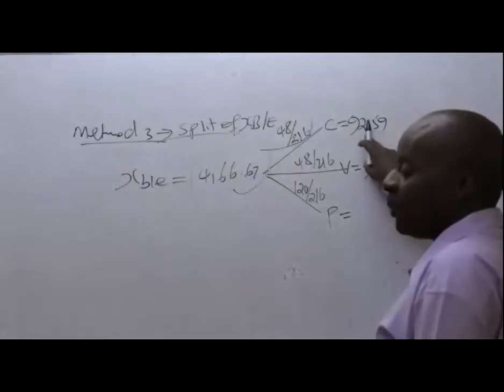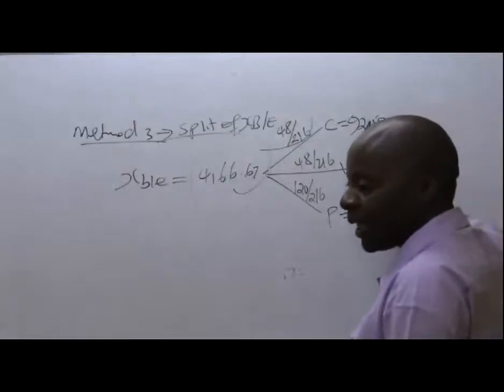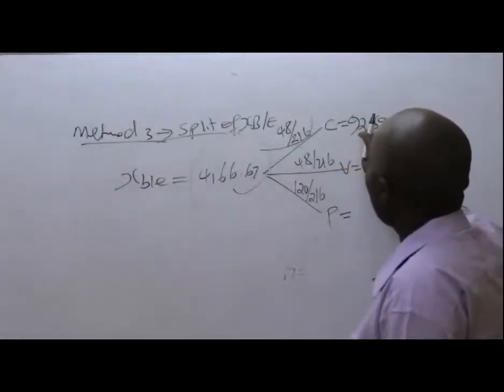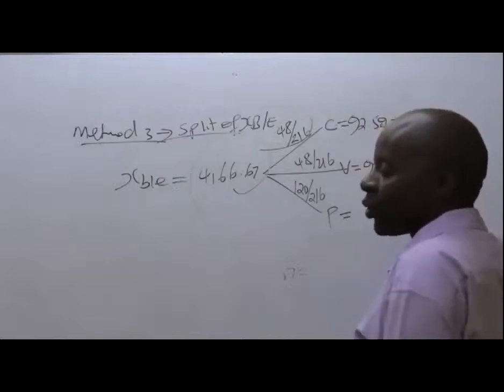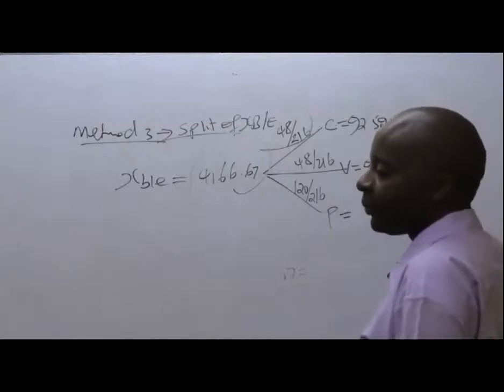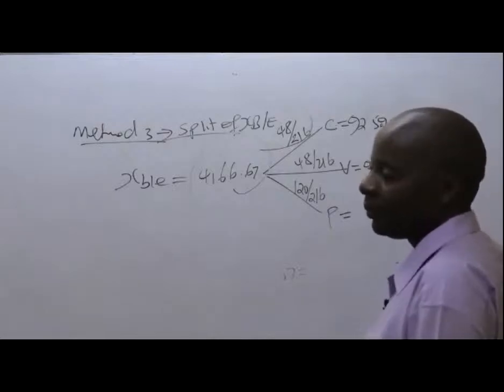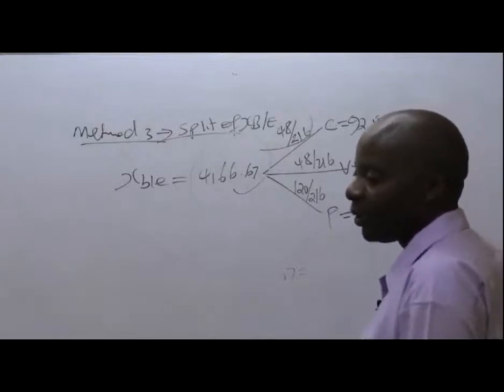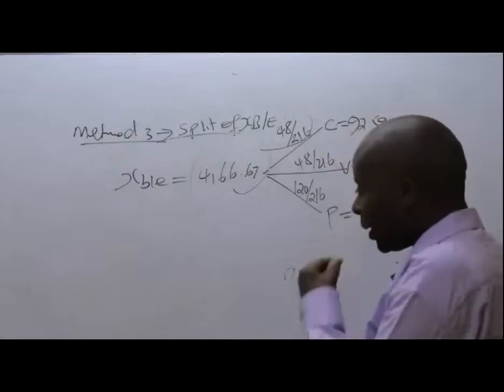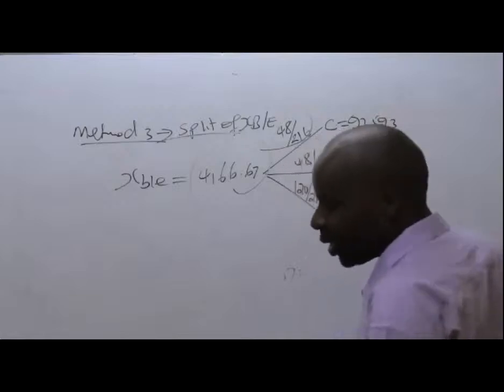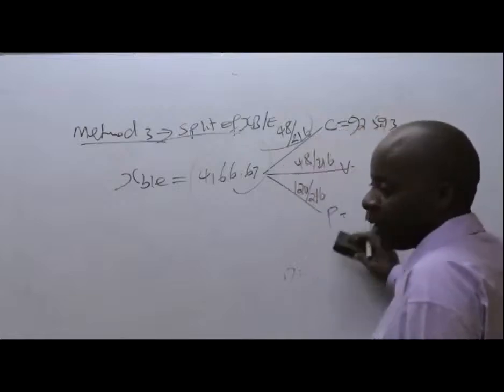Or you want to mean that C is 925.93. Thank you. So how about V? $23. Please write the name of the product. Is it V or P?